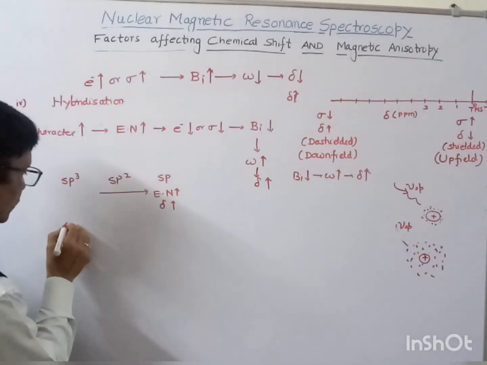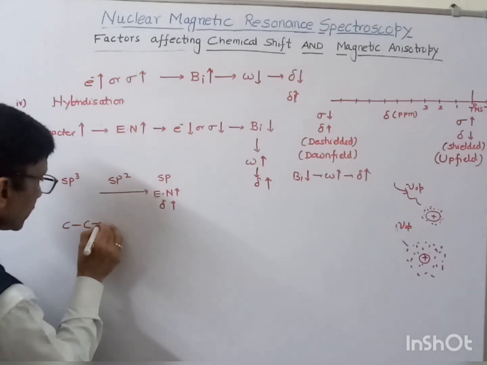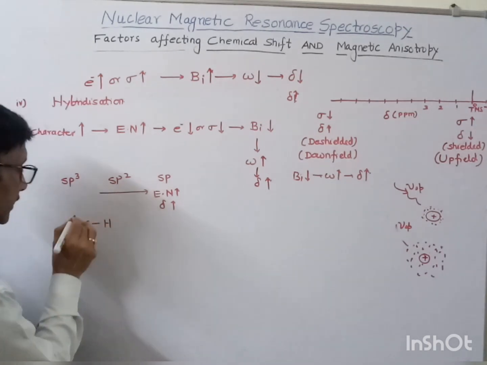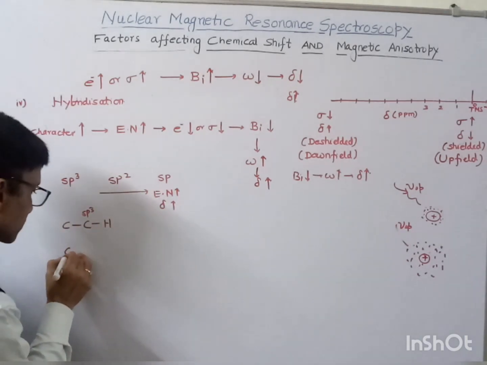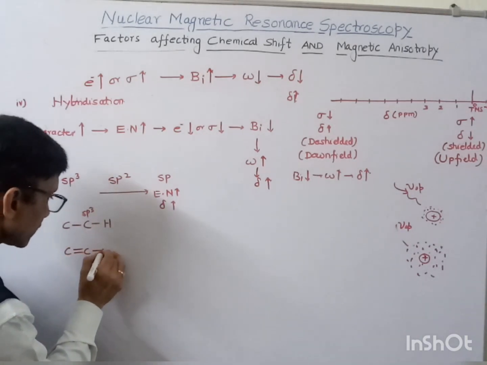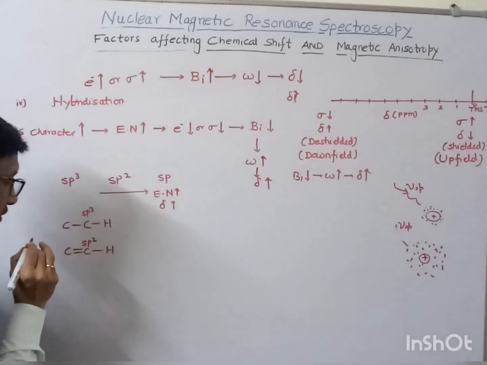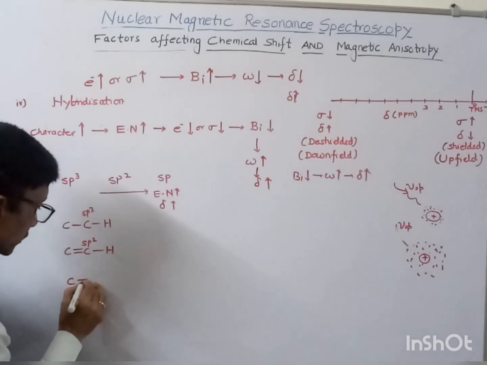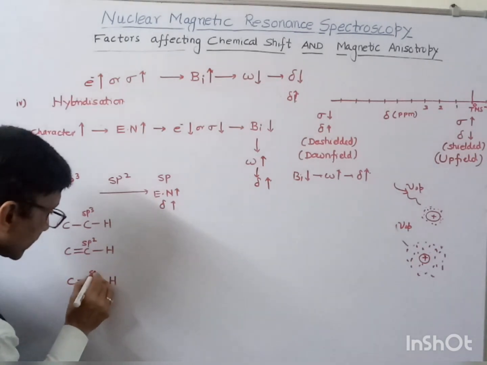For example, suppose you have this carbon here, connected to an sp3 hybridized carbon. In the second case, this proton is connected to an sp2 hybridized carbon. Here this proton is connected to an sp hybridized carbon.